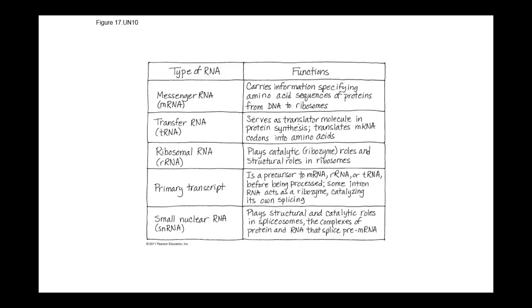Ribosomal RNA acts as the catalytic component. That transcript is the precursor to messenger RNA before being processed, with some introns in it. That initial messenger RNA that was made is not the one that then gets released.